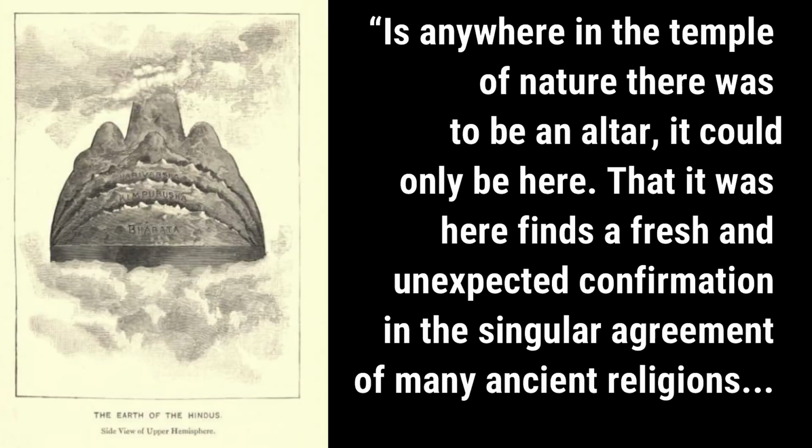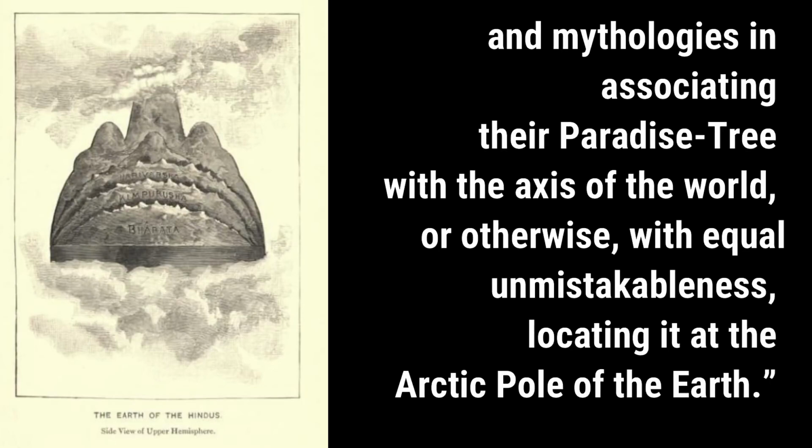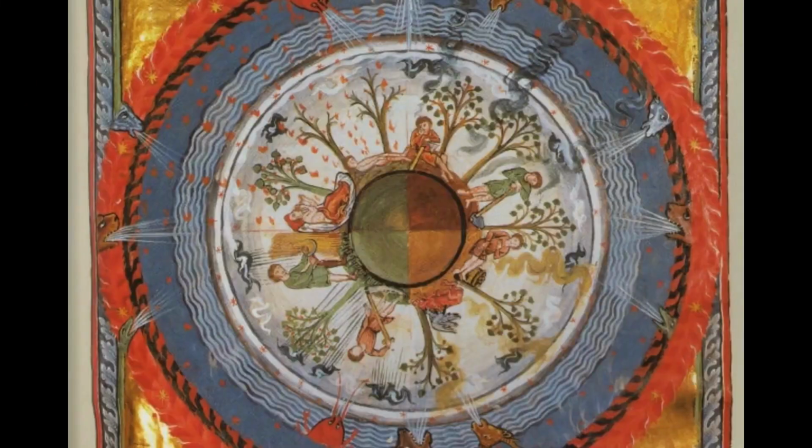That it was here finds a fresh and unexpected confirmation in the singular agreement of many ancient religions and mythologies in associating their paradise tree with the axis of the world, or otherwise with equal unmistakableness locating it at the Arctic pole of the earth." The North Pole is truly the land of 1,000 names.